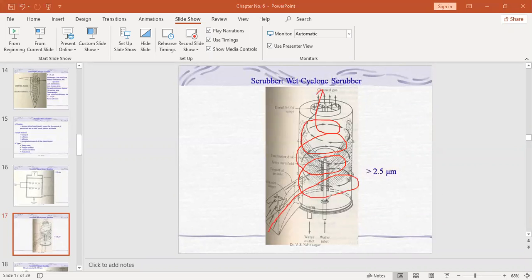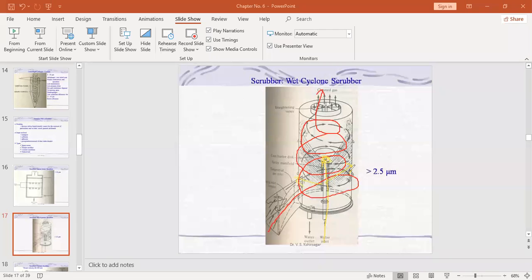What is functioning here in this passage? The water inlet tower is arranged here. You can see the water inlet tower is constructed over here, and this water inlet tower has a disc at the top, and because of that it is rotating continuously in one direction and sprinkling liquid towards the edges, towards the wall of this cyclone separator.